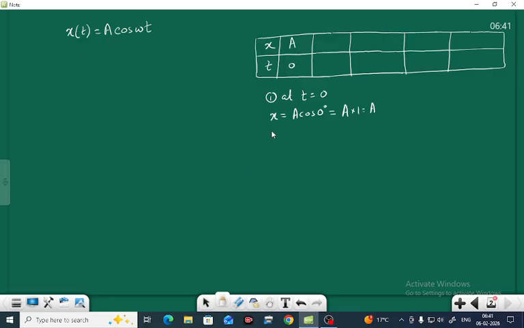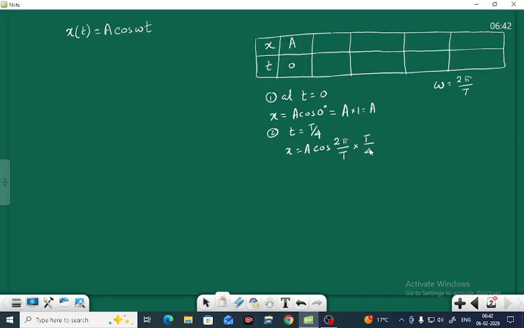Okay. Now number 2. What is the position of x at time t equal to T by 4? So here you can find that x is equal to a cos, omega equal to 2 pi by T. So in place of omega, you can write 2 pi by T into this T by 4.